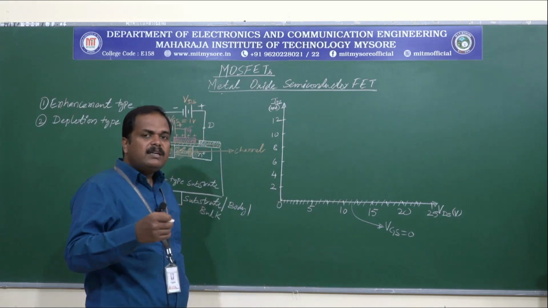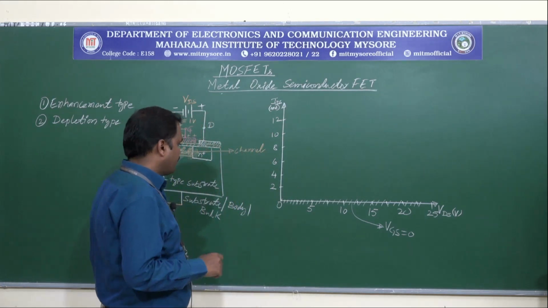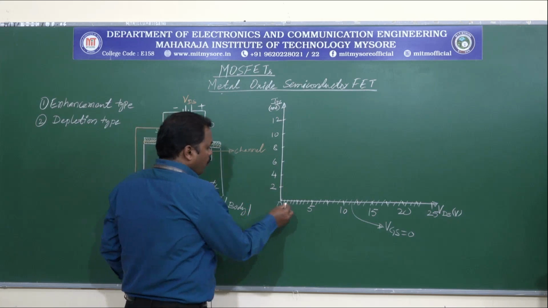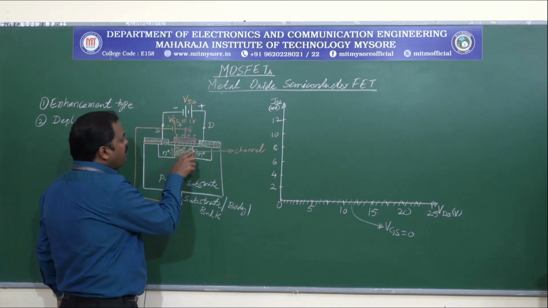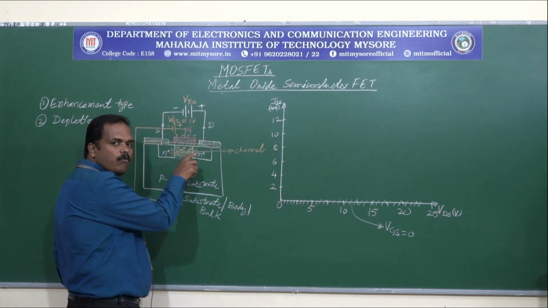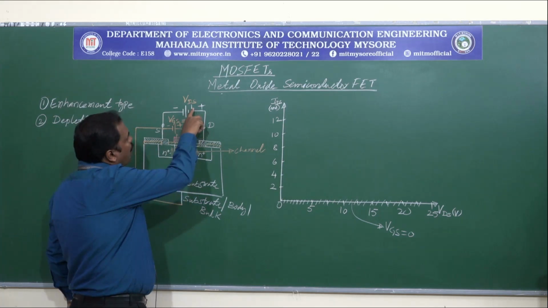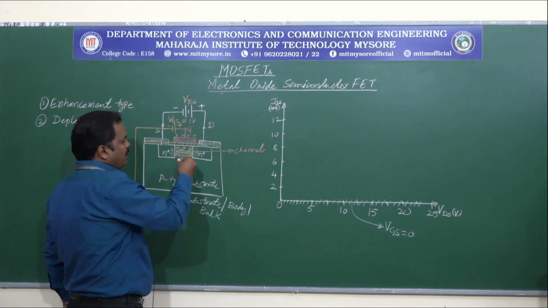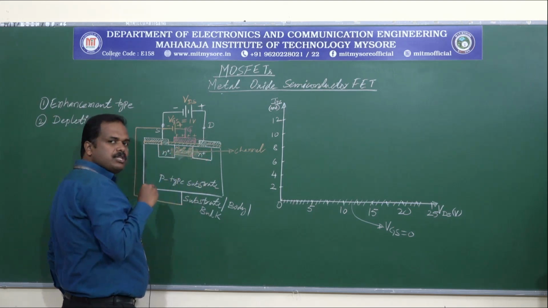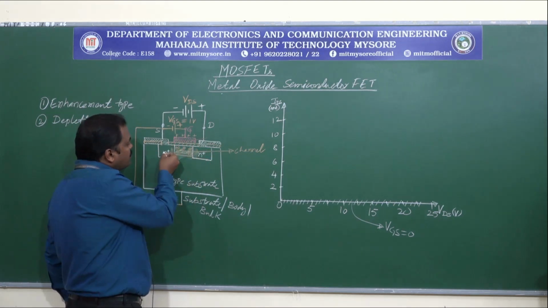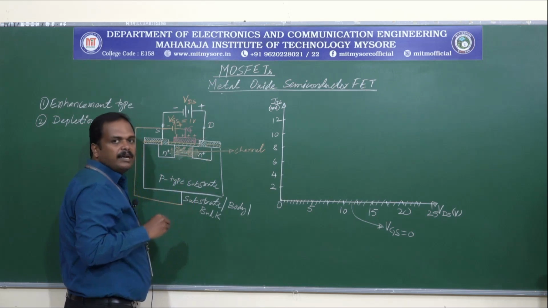Now if I increase VGS by 2 volts for example, then there will be an increase of conduction in the channel region, and as we go on increasing VDS, the electric field will be induced in the channel and that brings some electrons towards the drain end.